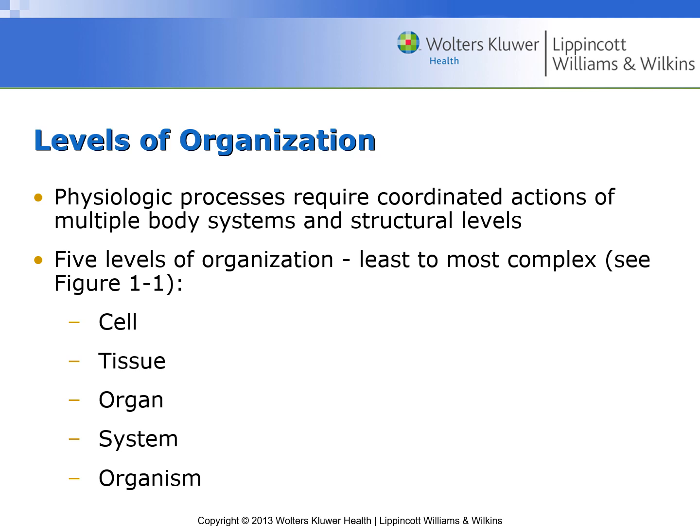Physiologic processes require coordinated actions of multiple body systems and structural levels. 5 levels of organization exist within the human body, from the least to the most complex. We start with the cell, then the tissue, then the organ, then the system, and then the organism.